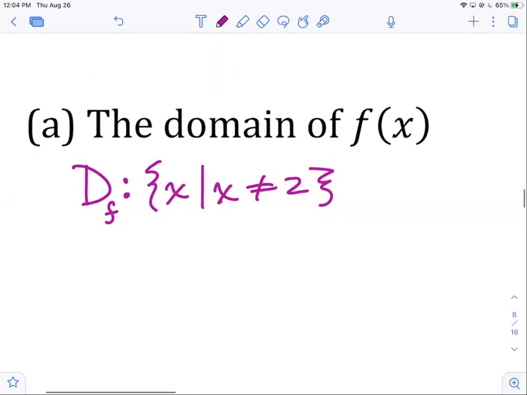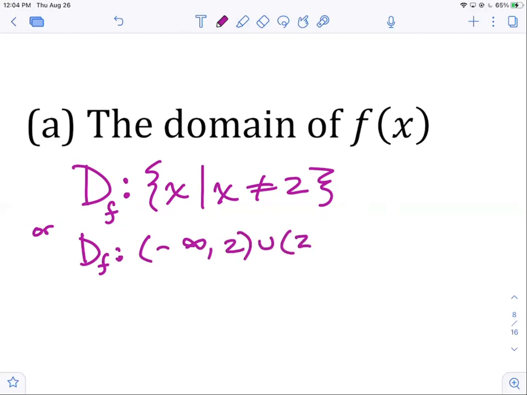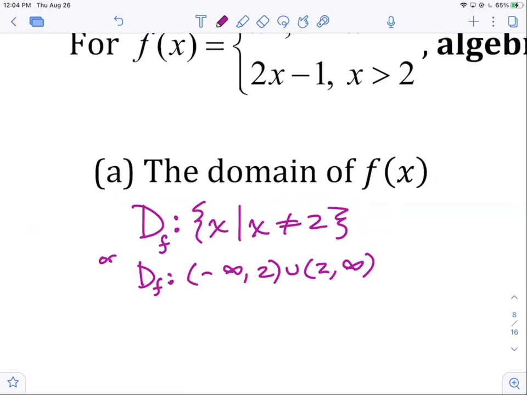Of course, if you want interval notation, you could say, or, D subscript f would be from left to right, negative infinity to 2 parentheses, 2 to infinity. That's how you step over 2. Interval notation has to be from left to right. Infinity and negative infinity always get parentheses. Okay, cool.